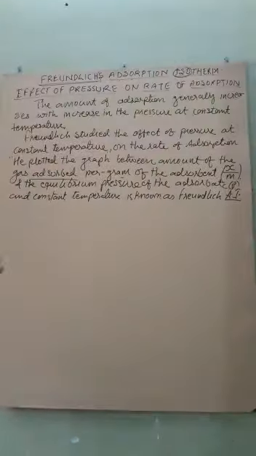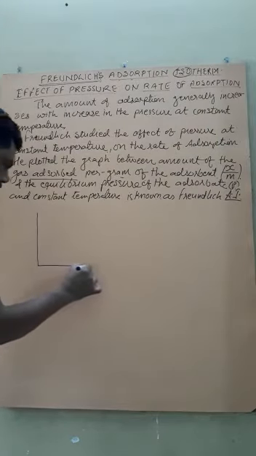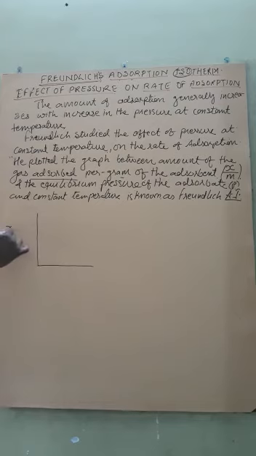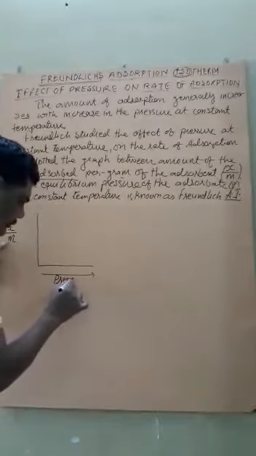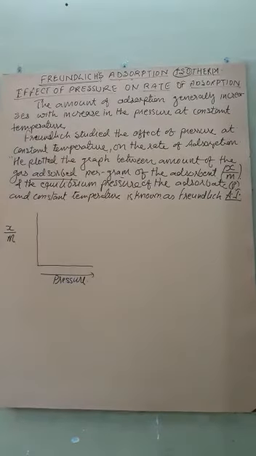We can draw it like that here. We are plotting the graph between x by m, the amount of gas adsorbed per gram of adsorbent surface, and this axis is pressure.